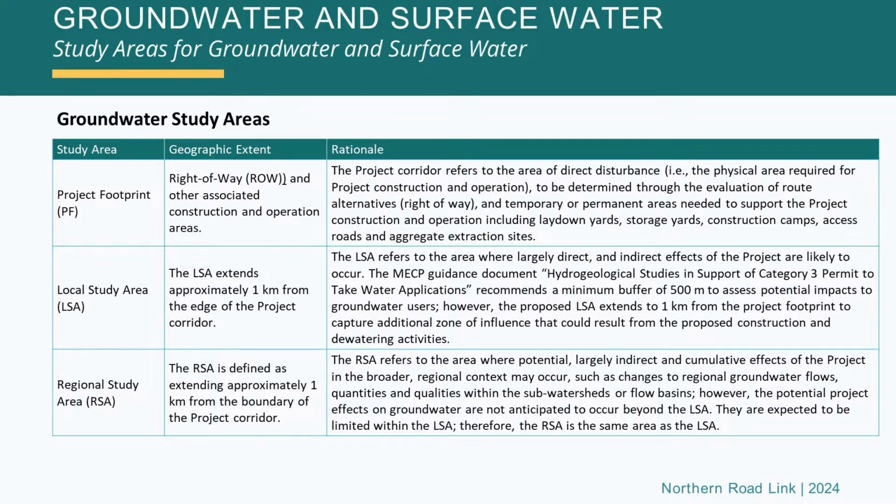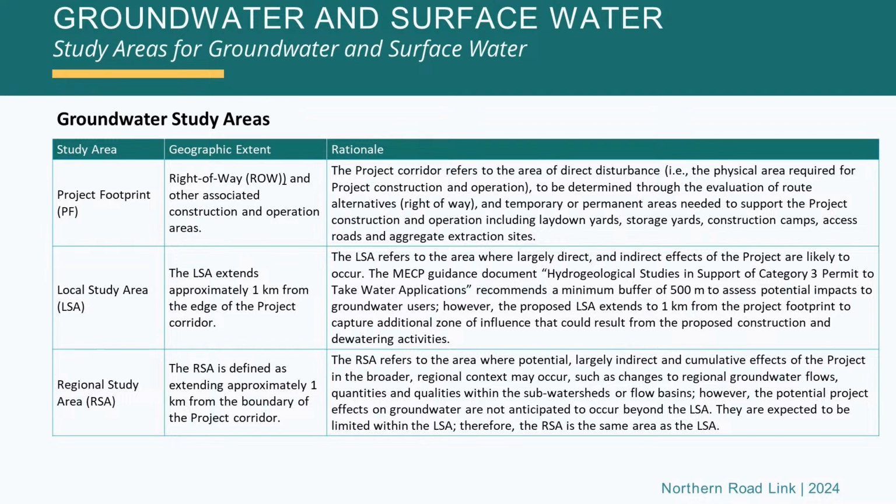And so that would be the right of way and any other construction and operation areas. So that could include pits and quarries, access roads to those pits and quarries, storage and laydown areas, all that other kind of infrastructure beyond just the 2-lane roadway.